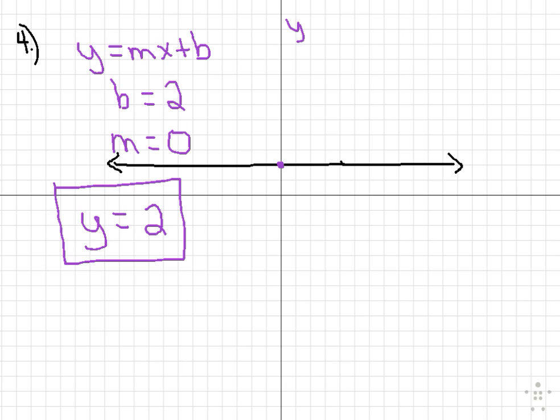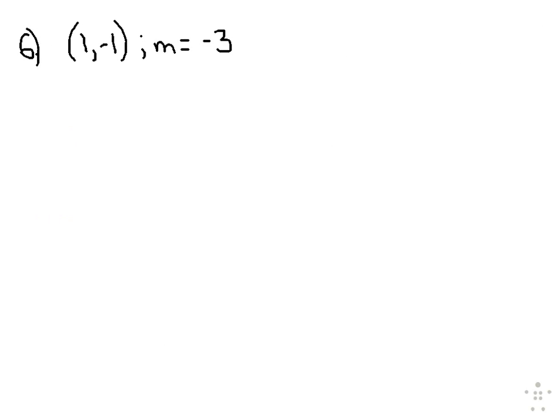Moving on to question number 6. Question 6 says use the slope-intercept form, so that's y equals mx plus b, to write the equation of the line passing through the given point with the given slope. So I have a given point 1, negative 1, and a given slope of negative 3.